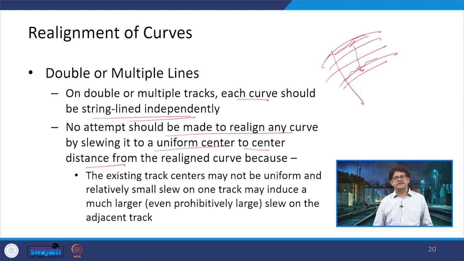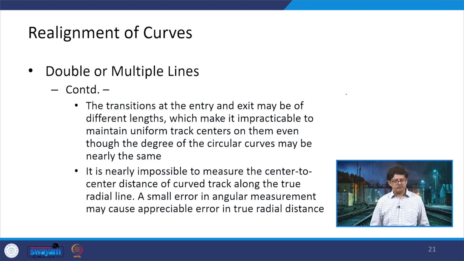The existing track centers may not be uniform, and a relatively small slew on one track may induce a much larger slew on the adjacent track, and that is what I was talking about in this particular case. The transitions at the entry and exit may be of different lengths, which makes it impracticable to maintain uniform track centers on them, even though the degree of the circular curve may be nearly the same.